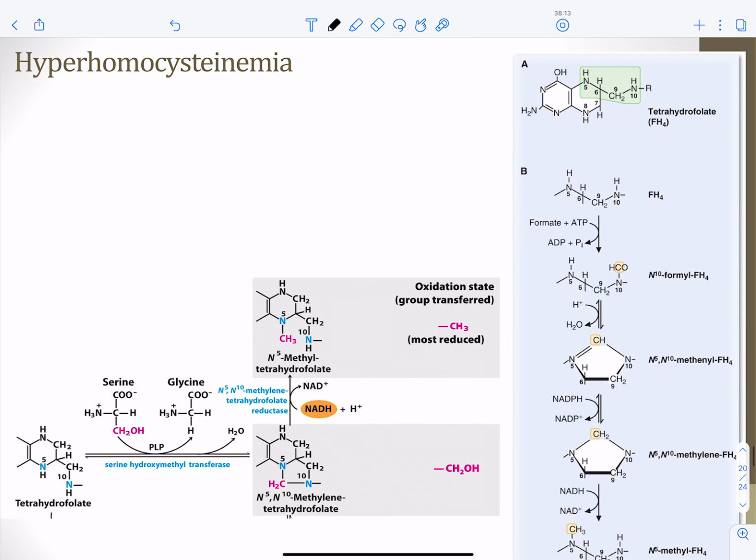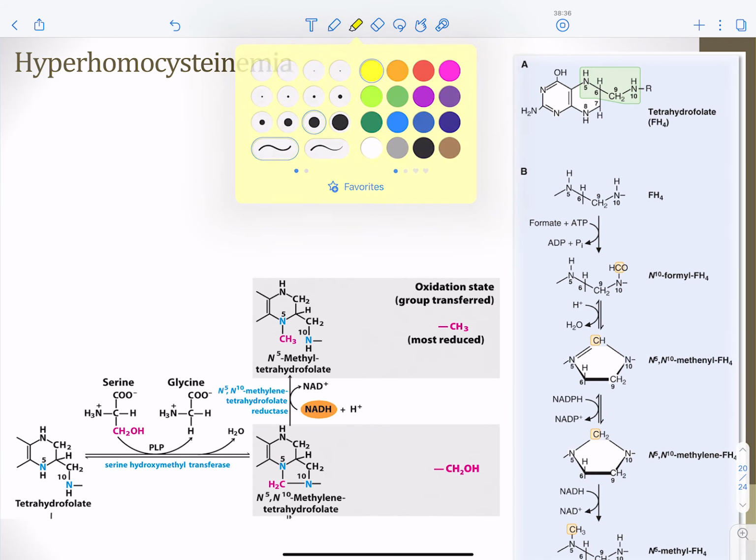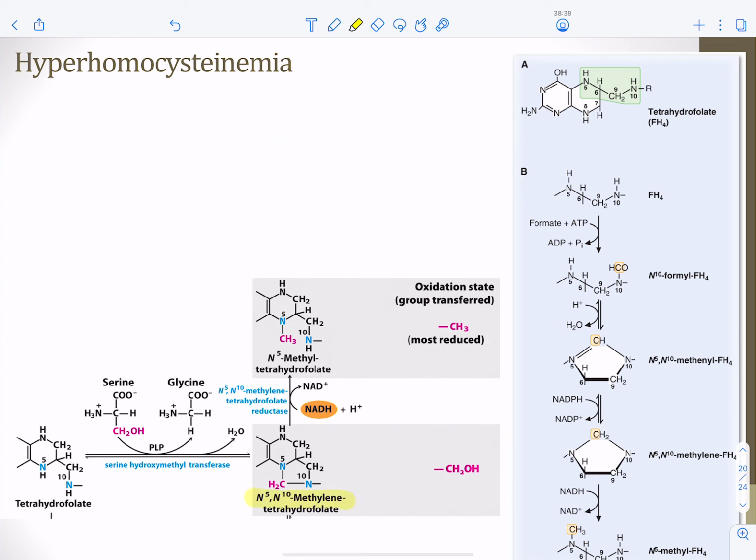Now, hyperhomocysteinemia is also going to lead to an increase of homocysteine if a mutation is present in the enzyme that converts N5-N10 methylene tetrahydrofolate to N5-methyl tetrahydrofolate. So go back to this picture here. We have our N5-N10 methylene tetrahydrofolate, which has to become N5-methyl tetrahydrofolate.